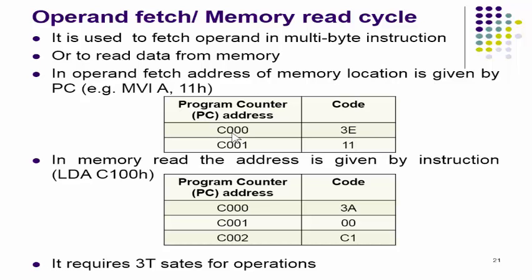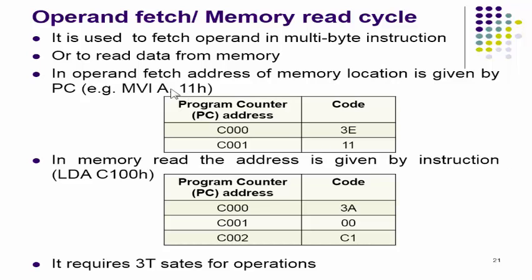that is 3E hex, and the next byte is 11x, the 8-bit immediate number. The size of the instruction is 2 bytes: 1 byte for the MVI A opcode, 3E, and 1 more byte for 11x. To store this instruction we require 2 memory locations, first C000 and second C001. During execution, address C000 gets loaded in the program counter.